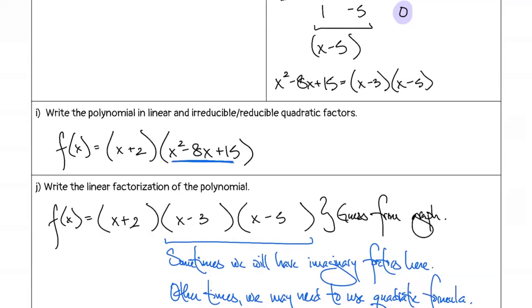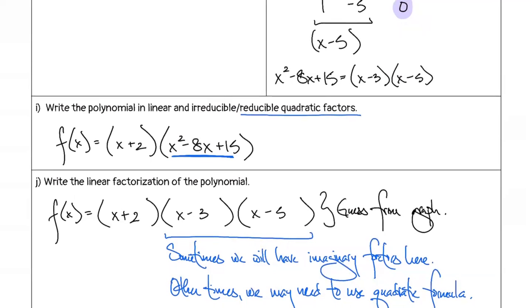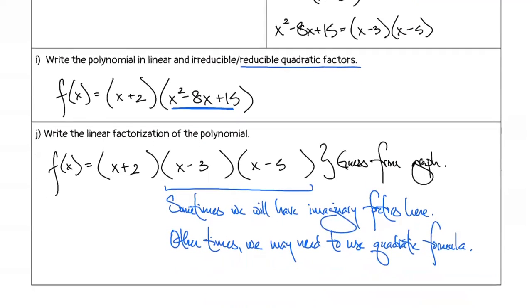This would be our reducible quadratic factor. Reducible because we were able to turn it into 2 linear factors. And these linear factors had real numbers.